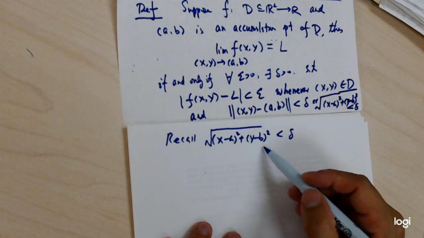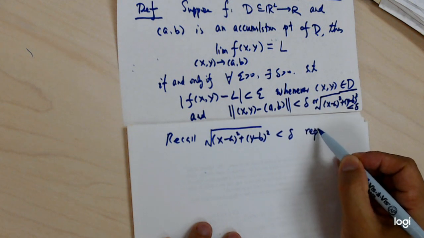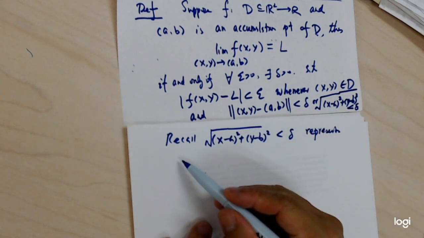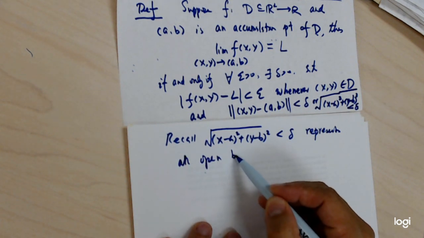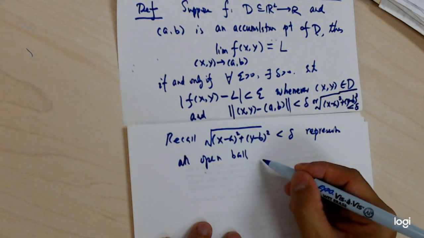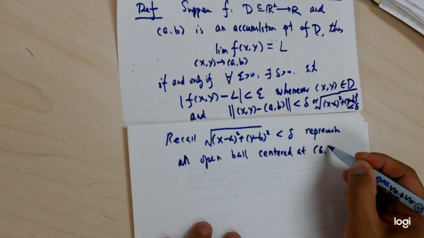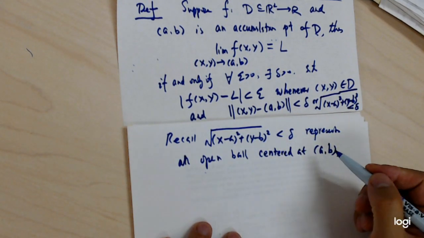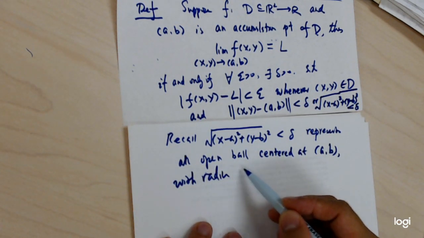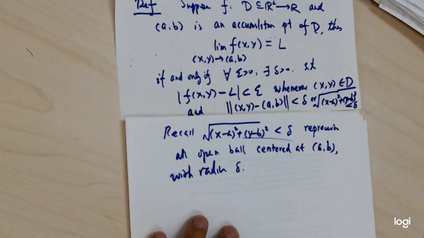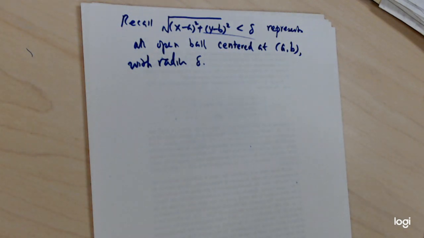It represents all the (x, y) that are close to (a, b). It represents, well, actually an open ball centered at (a, b), with radius delta. So that's the meaning of this inequality. Just something we want to quickly notice.